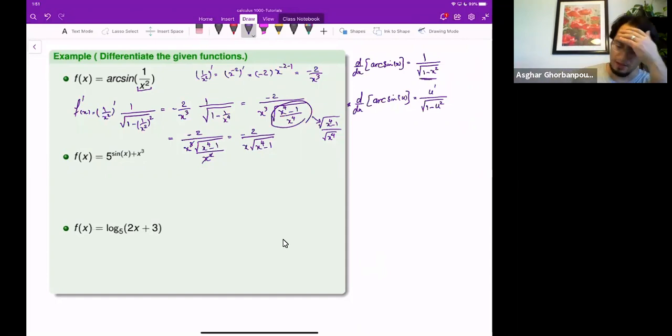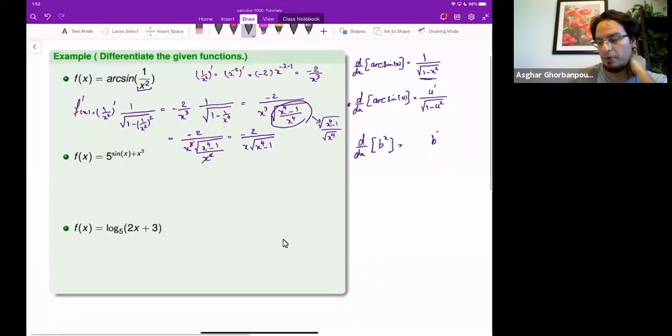Okay. The second question, we have the derivative of the function 5 to the power sine x plus x squared. So the rule here is that if you have the general base b to the power x, the derivative of that is going to be b to the power x itself, but you have to multiply it by ln of b.